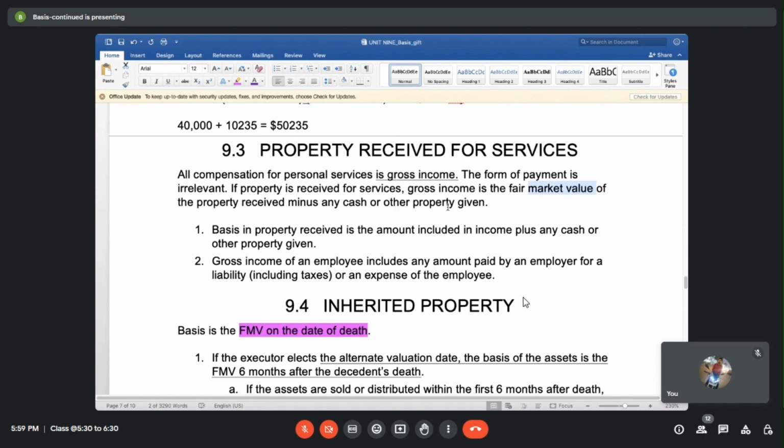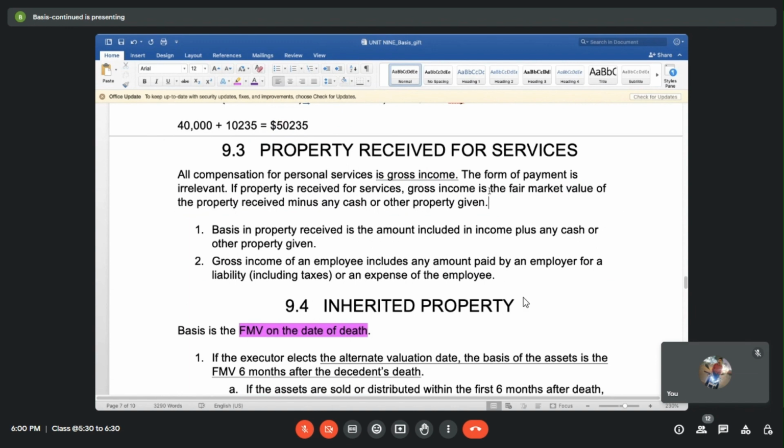If they didn't pay anything and it was just given to them as compensation, then the entire fair market value of that property will be taken as their basis. So later when they sell it, they can see the fair market value on the date they received it, and accordingly do their capital gain or capital loss calculations.